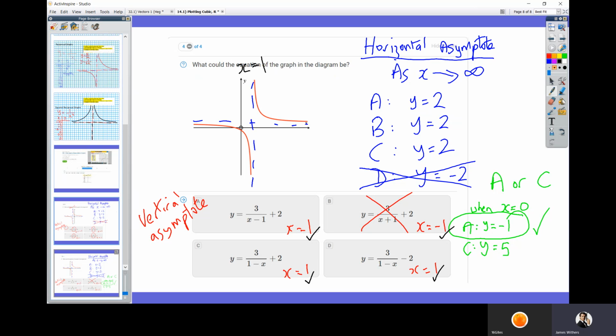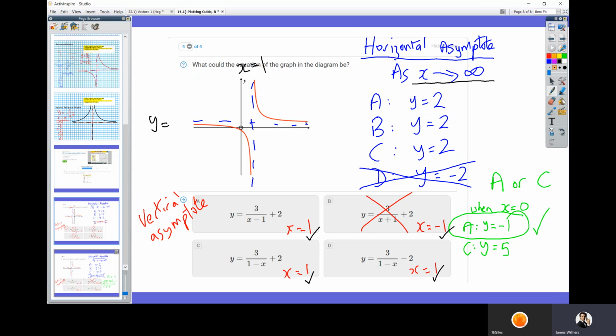Let's now go on and consider the horizontal asymptote. That's the one going horizontally, obviously. Okay, and I can see that that's at a positive value. So y is something positive. Now with this one, you just imagine x being massive. Formally, we write this down as x approaches infinity.